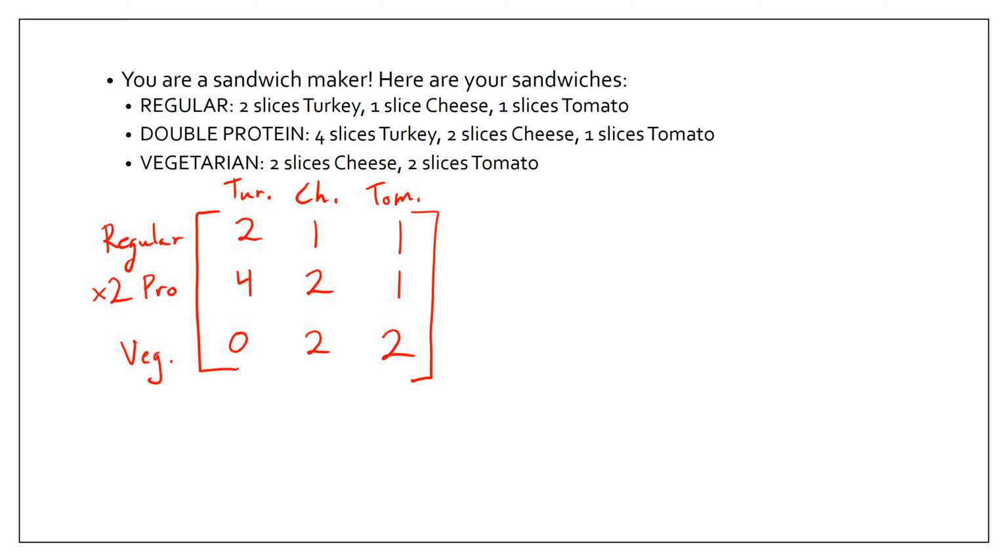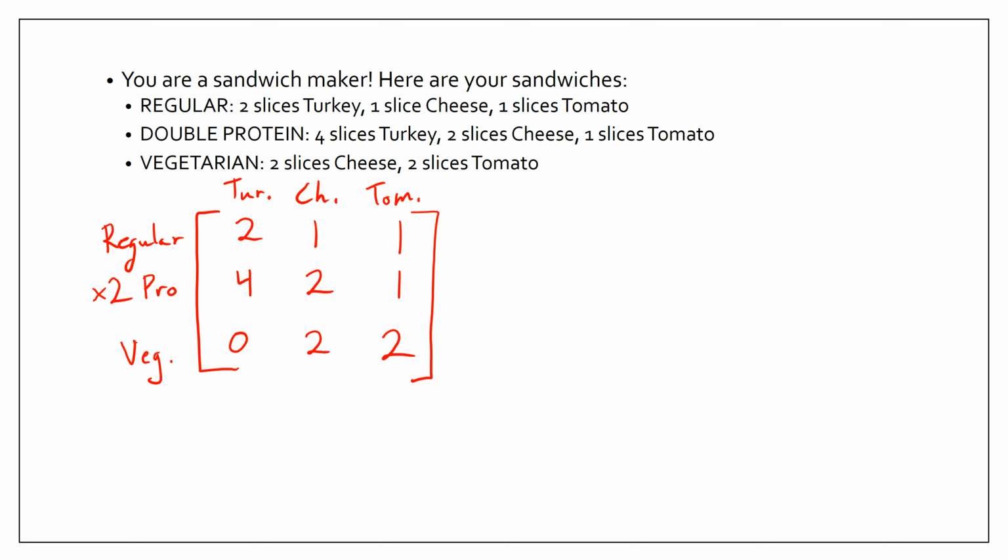So putting this in a matrix just allows me to see, hey, here's all of the information all in one condensed mathematical format. And if I was computer programming, or putting this into say Excel or something like that, I could program these numbers in and then I could do stuff with them.